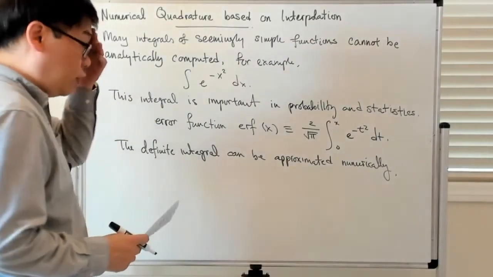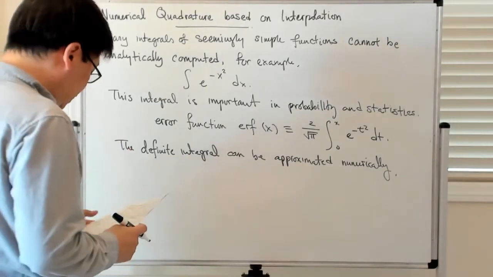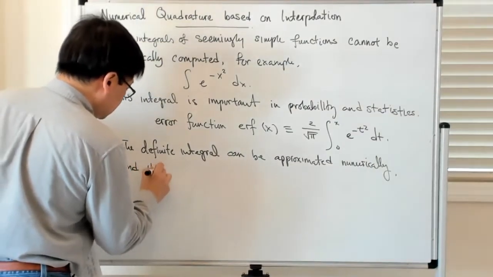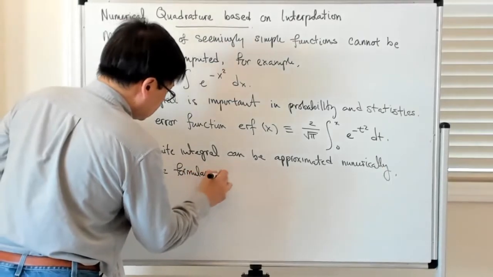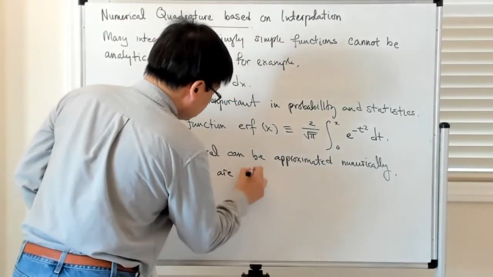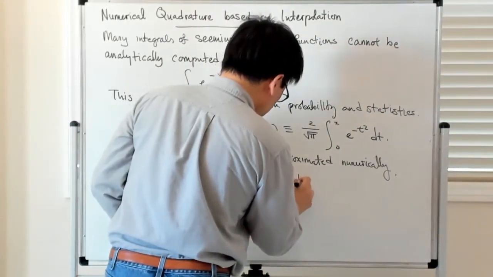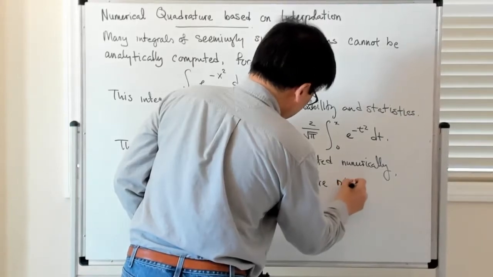And these formulas for computing the approximation of these definite integrals are called quadrature rules, or quadrature formulas.